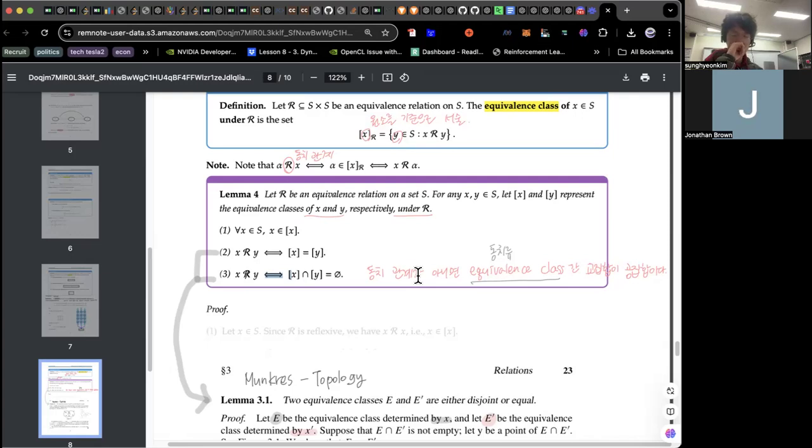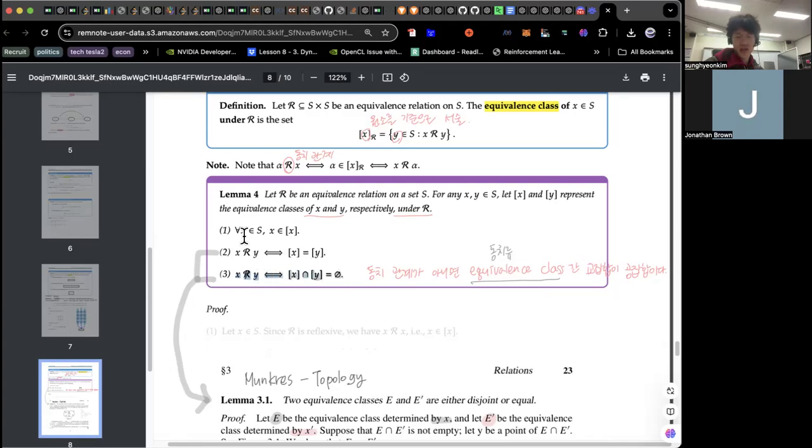So if an element is in one equivalence class, and the two equivalence classes are related, that element would be in the other. By contrast, number three is saying if they're not related, if one is in it, it's not in the other.